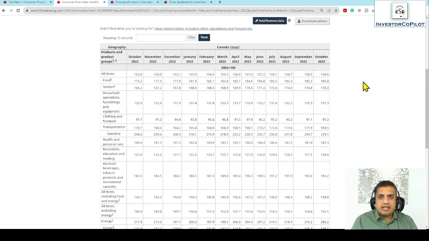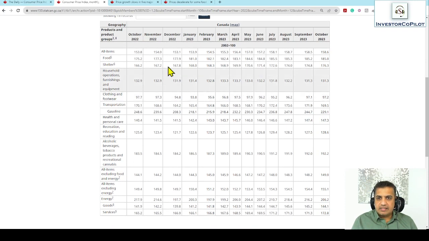The increase in consumer price index is the percentage difference between this number and this number. So the important point to understand is that we should not calculate the absolute difference between these two numbers, but the percentage difference. And that is how the 3.1 percent, which we saw in the earlier page, was arrived at.